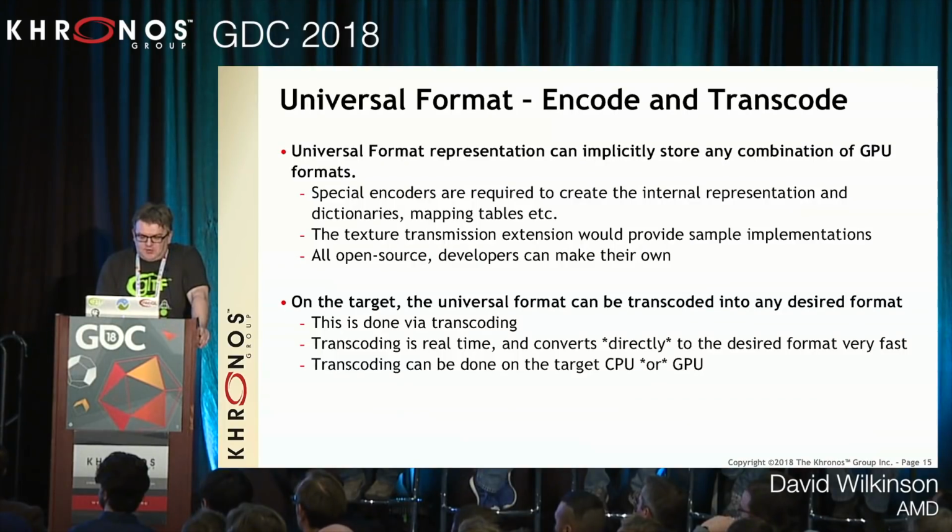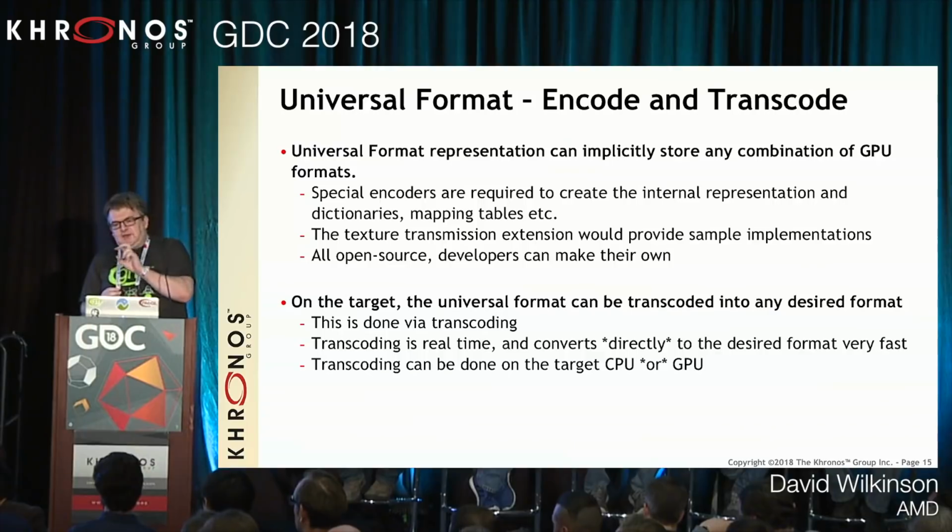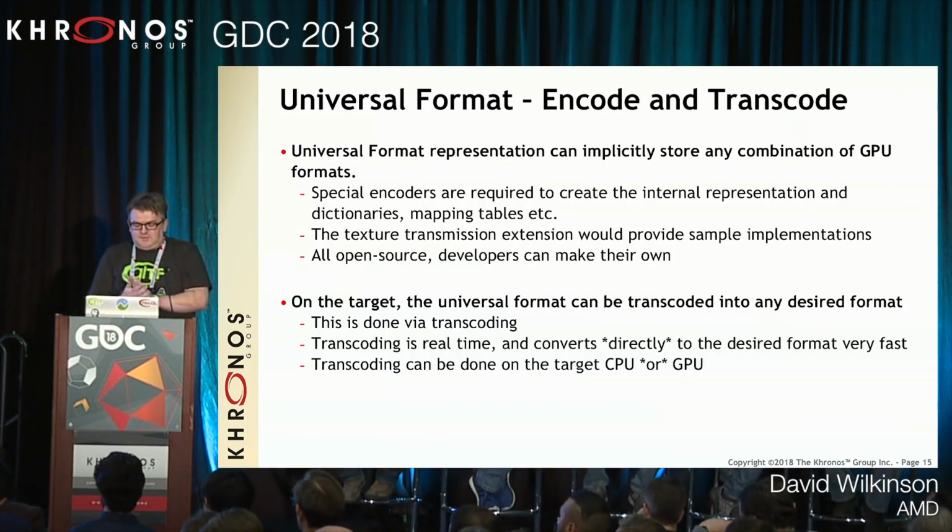As I say, the universal format representation can store any combination of GPU formats. To get them out, you use a transcoder. That's not really a decompressor. There's a direct mapping from the universal format to any BC format, ASTC, or ETC format of your choice. So this is what we're aiming for: a universal format where you're able to transcode to any target device, whether it be mobile or desktop.